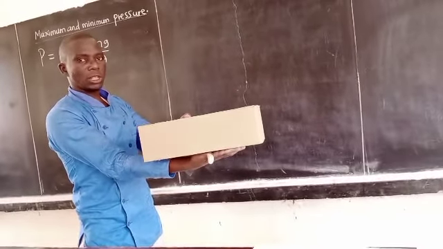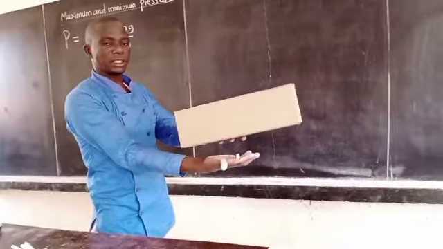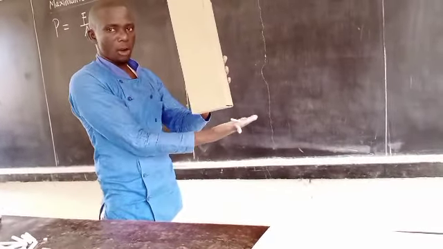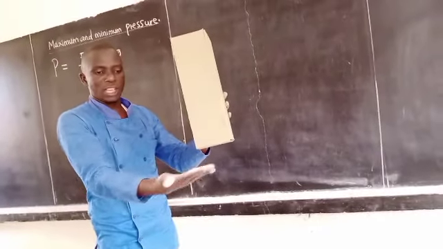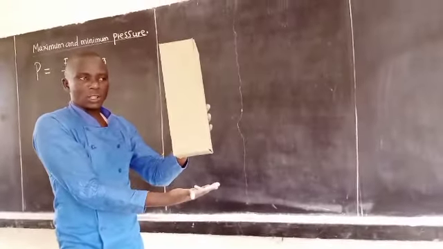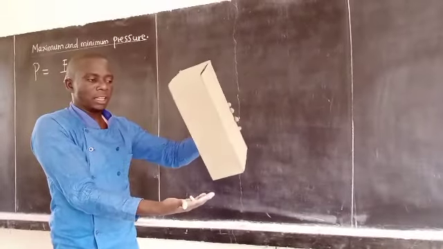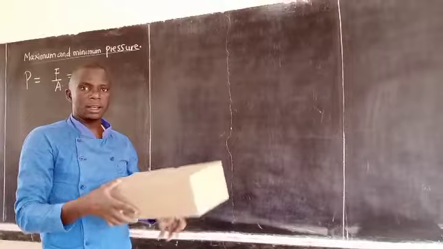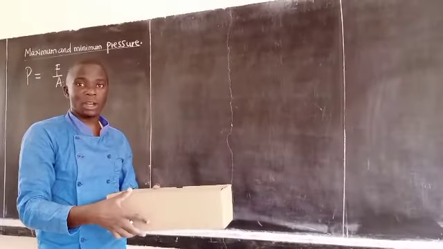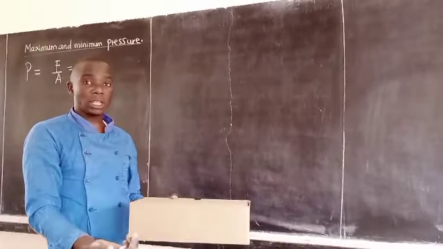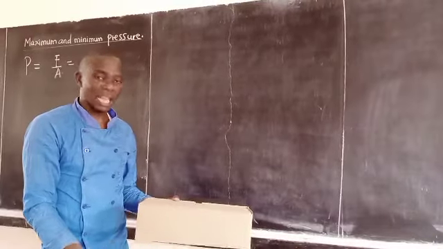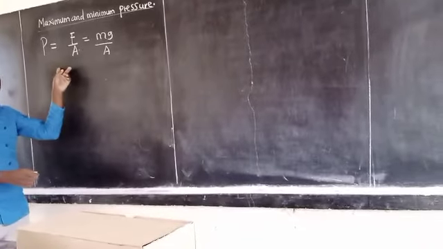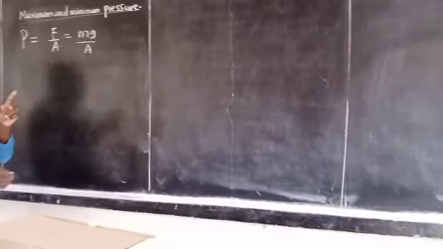The area in contact can be different if I press it like this, assuming we have a surface here, or like that. So this box has 3 chances of having the area in contact with any flat surface. That means the pressure exerted by any body can differ.